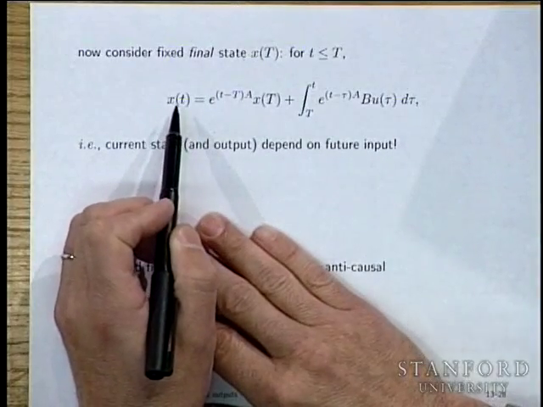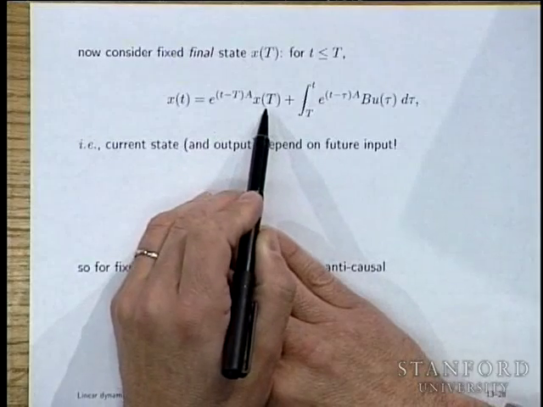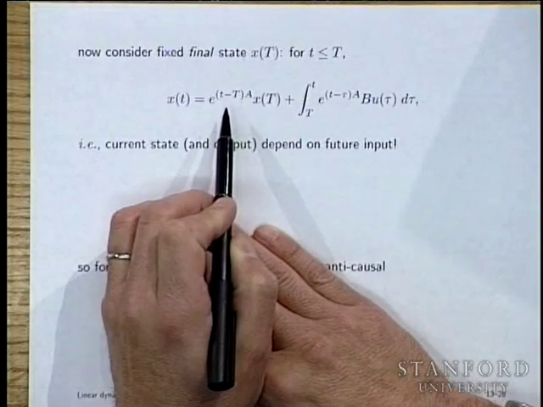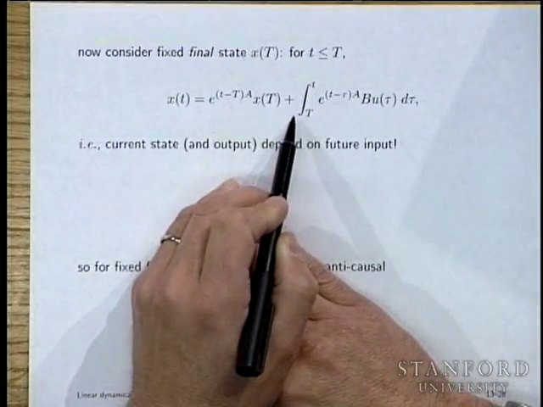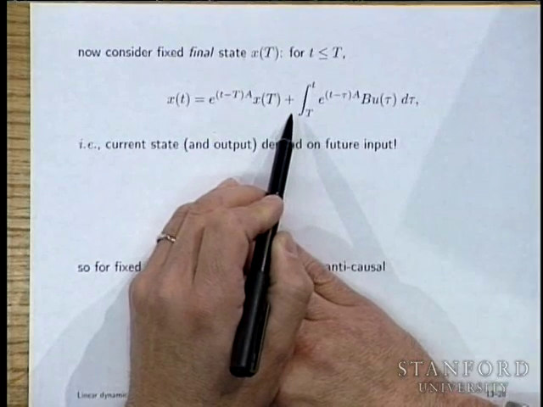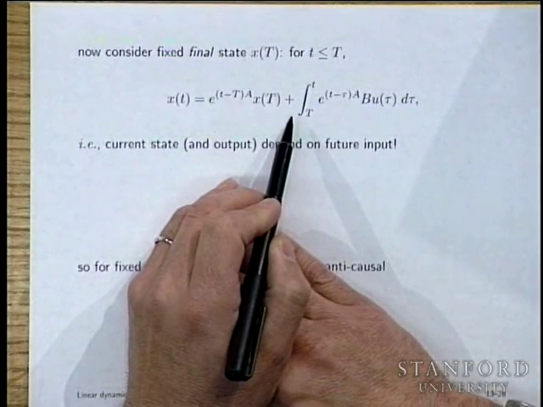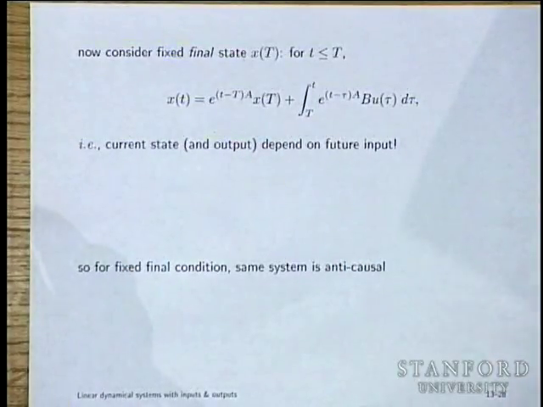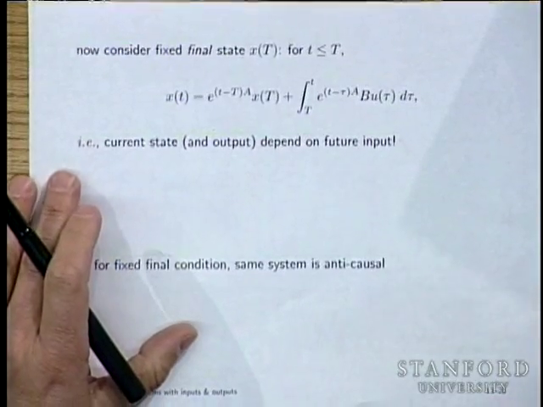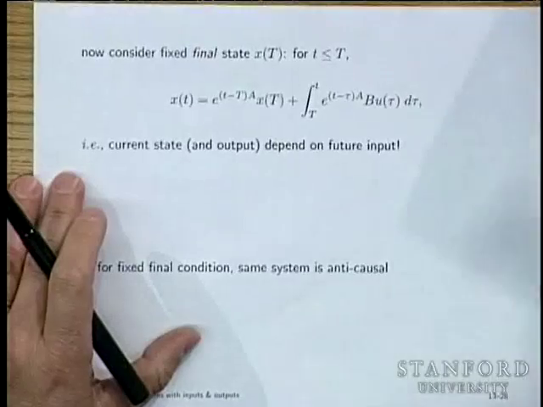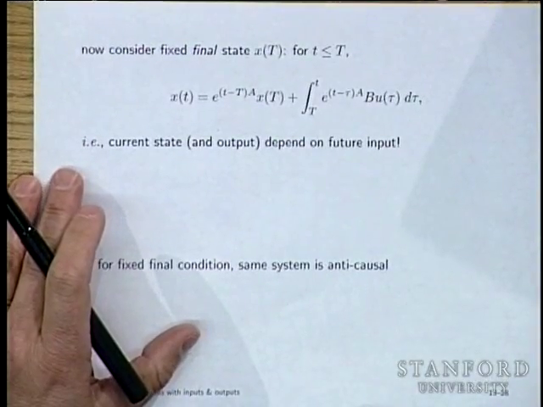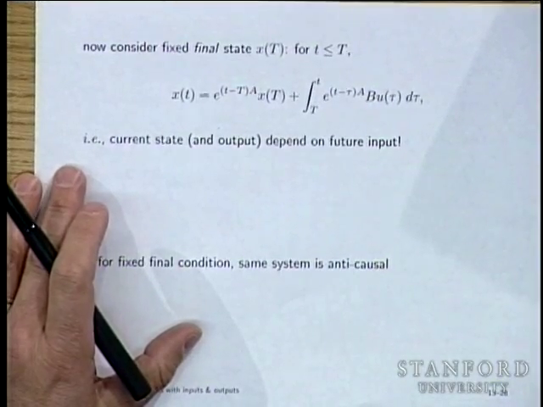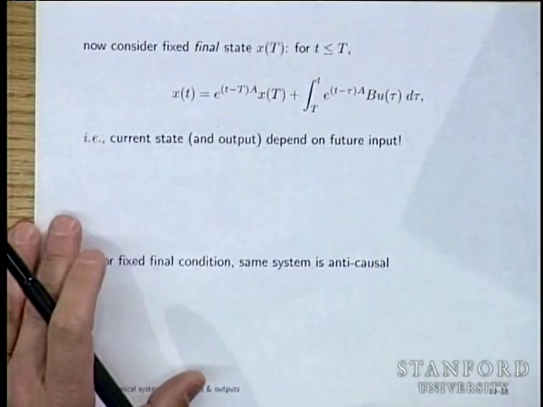It says that the current state is equal to the final state propagated backwards in time to the current value, plus an integral that has to do only with the future. And you can just check this formula is absolutely correct, right? So in this case, if you fix the final state, the system is, in fact, not only not causal, it's anti-causal or something like that. I mean, this had to be.